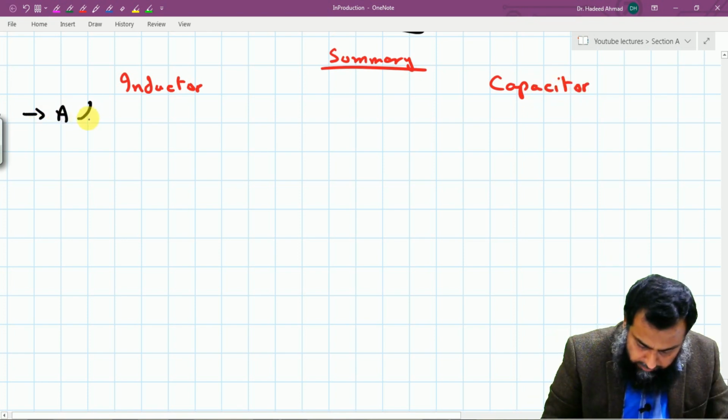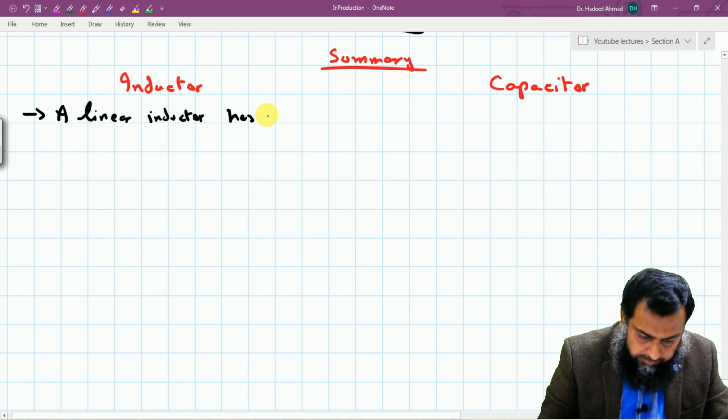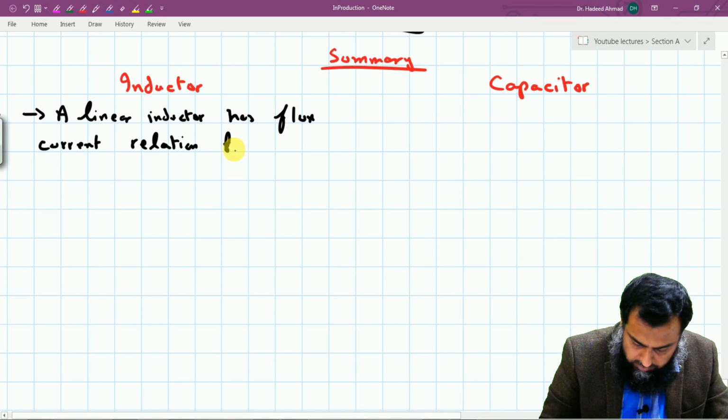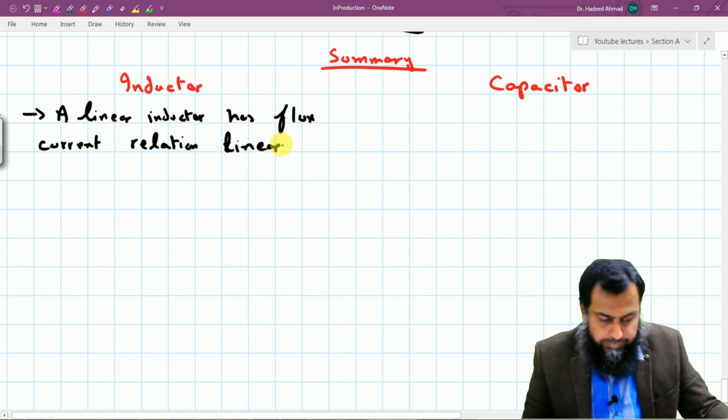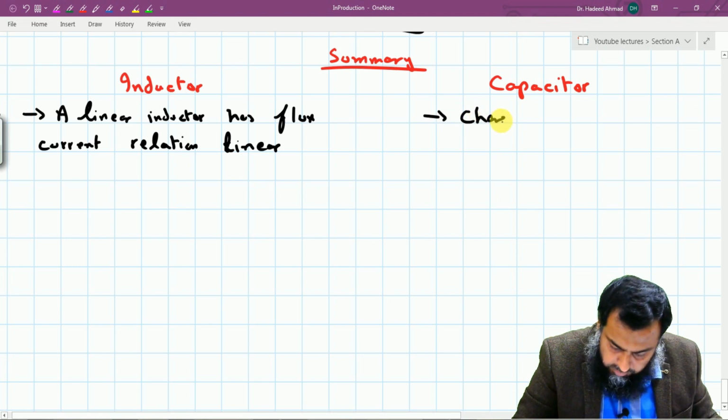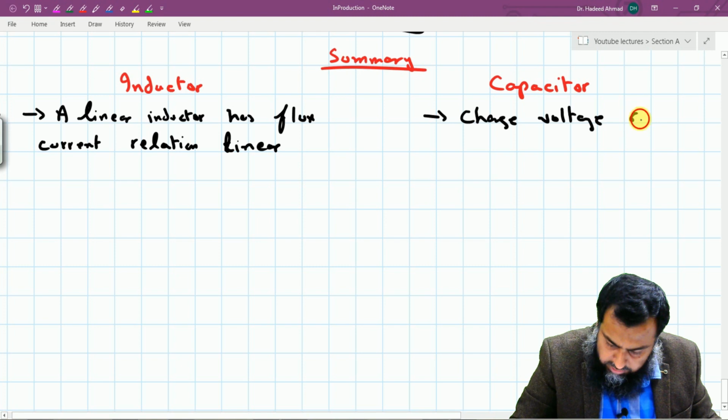So a linear inductor has a linear flux current relation, whereas for a capacitor the charge voltage relation is linear.